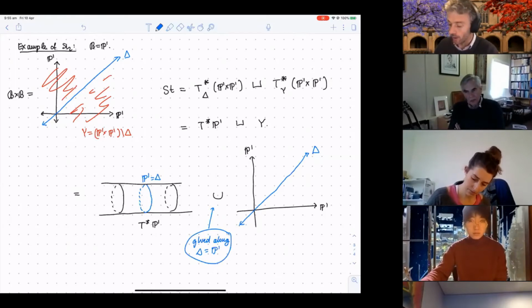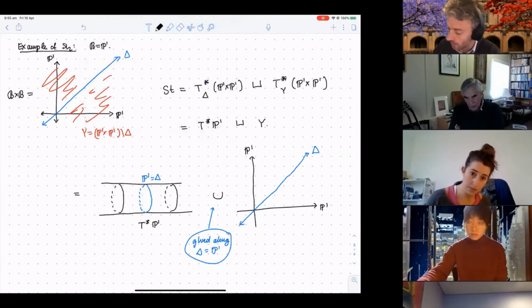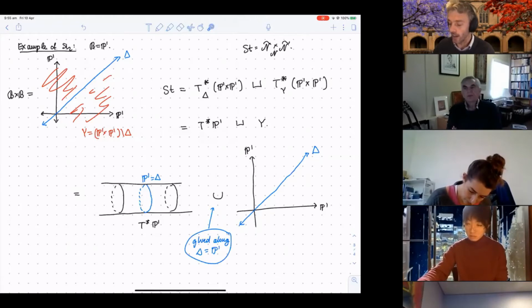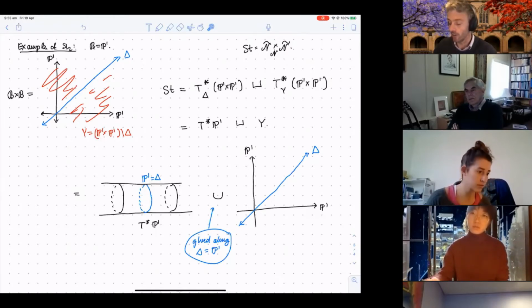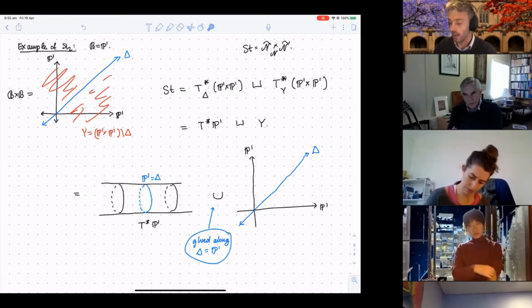And so remember that the Steinberg variety is n tilde times over n tilde. And inside any such space, you always have the boring bit, which is just the copy of n tilde, the diagonal.